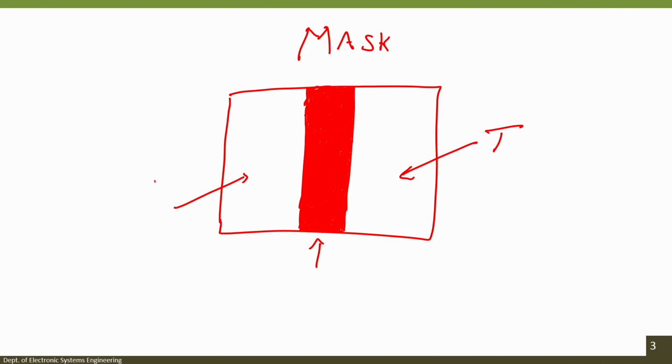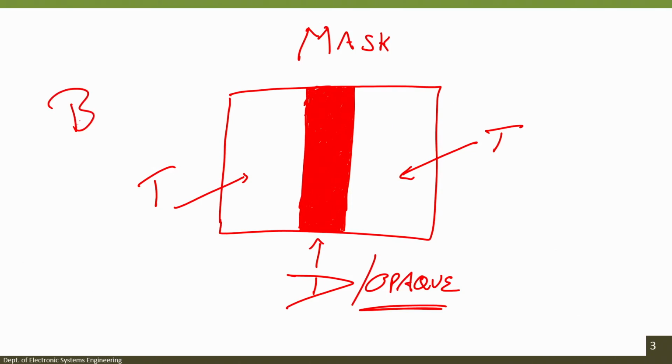This one is transparent, this one is transparent, and this one is dark or opaque. That means light cannot pass through the opaque region. Since the maximum of the field of this mask is bright, we call this a bright field mask.